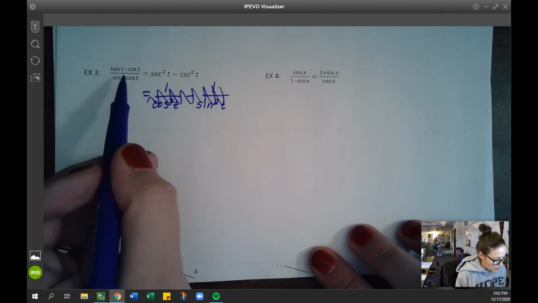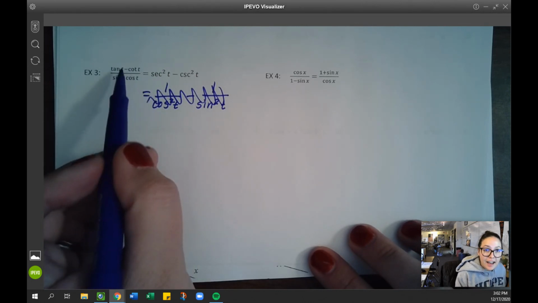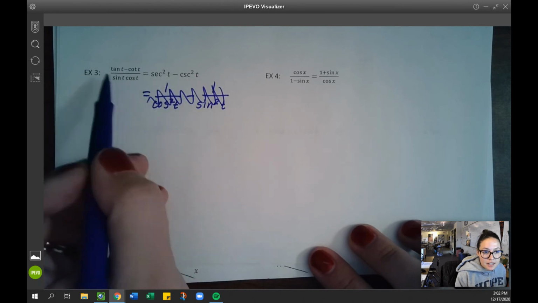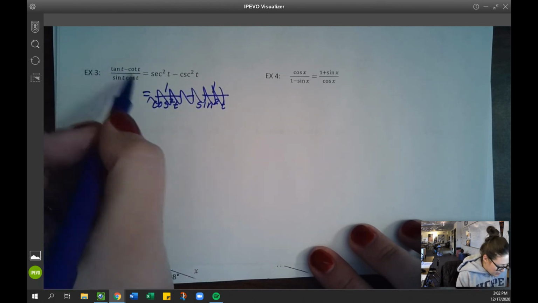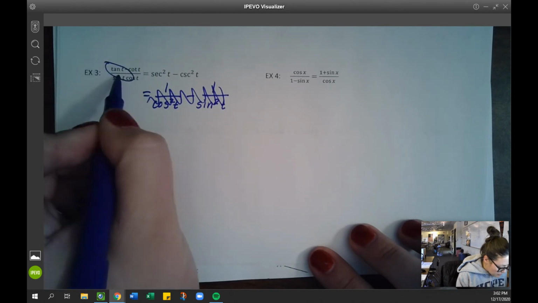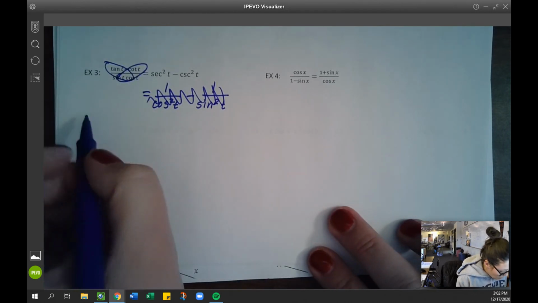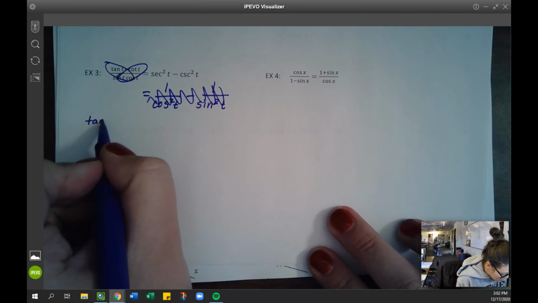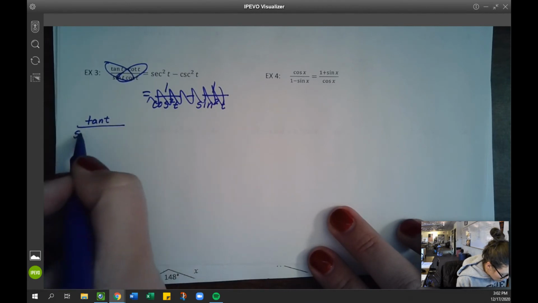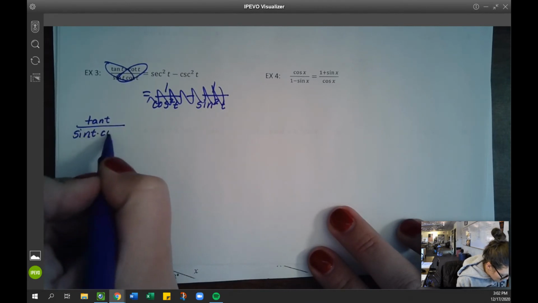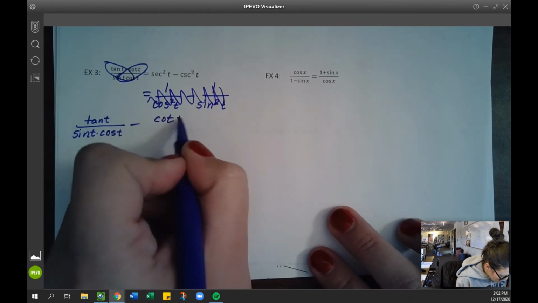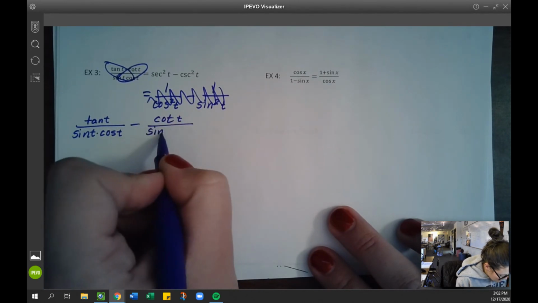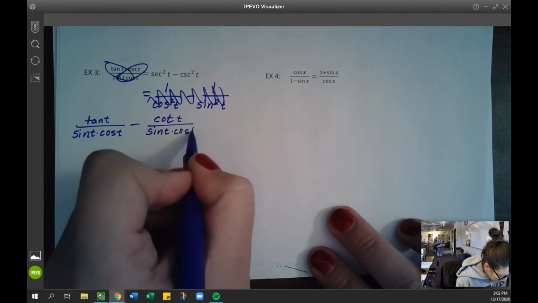So we have to actually split this up, right? Because it's one fraction right now. We're going to split it up. And this is a fraction that we love. So I can write this as tangent over sine times cosine minus cotangent over sine times cosine.